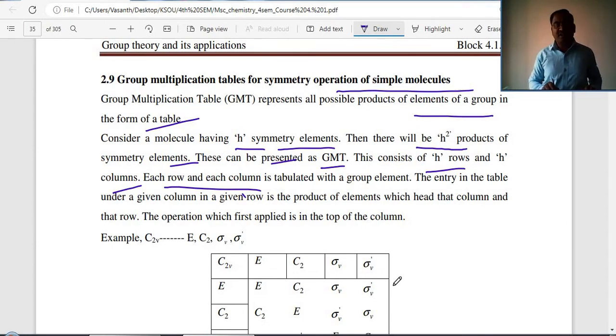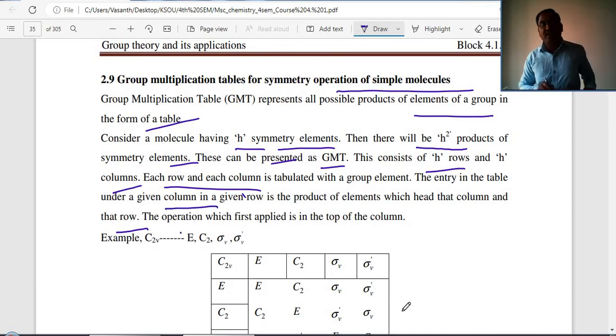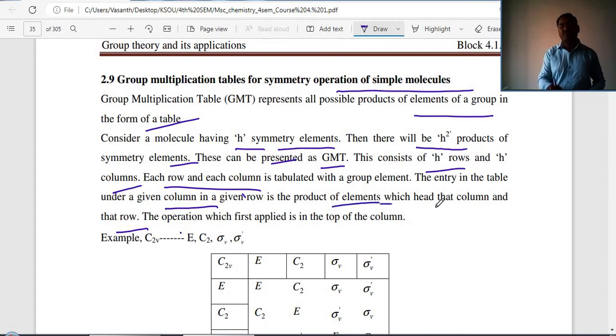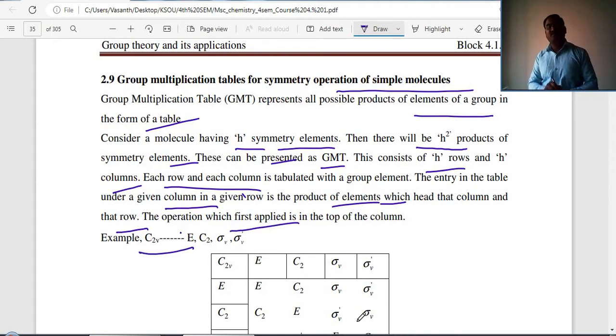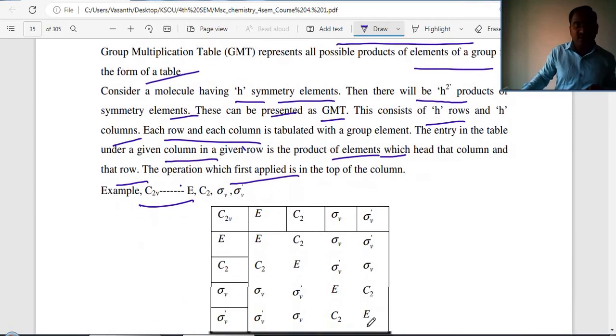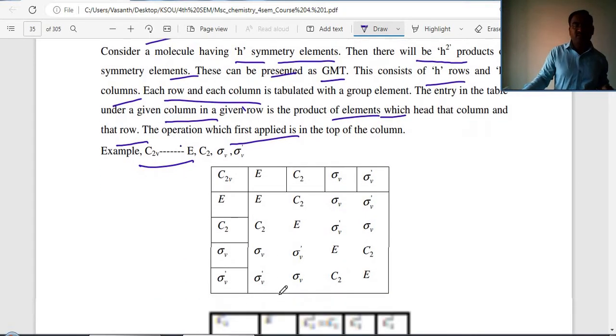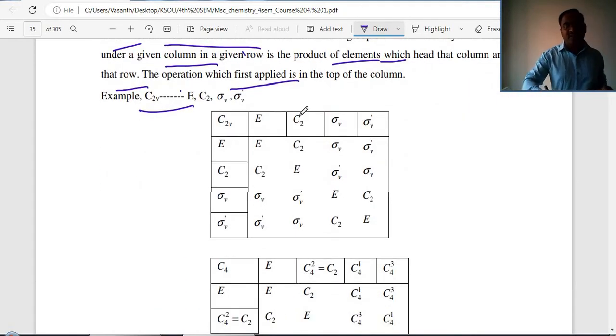The entry in the table, in a given row under a given column, is the product of the element which heads that column and that row. Here, for example, C2v: E, C2, sigma v, sigma v dash.